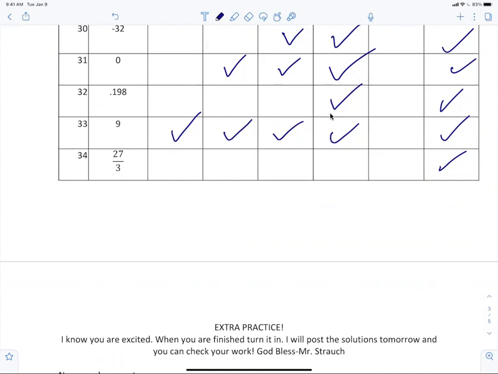Yes, it can be natural, because you can make it 9. Yes, thank you. I tried to trick you on that one. So 27 divided by 3, you simplify it down to its most basic form, and that will then tell you that it was a natural.